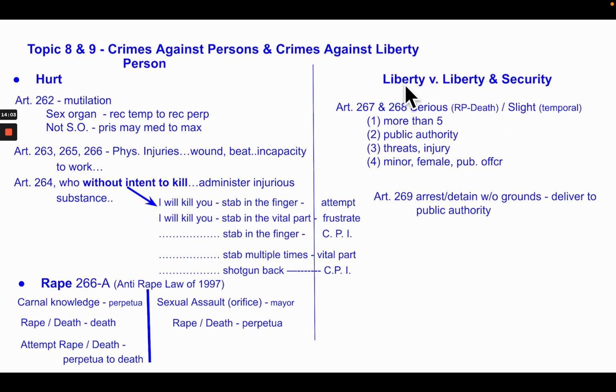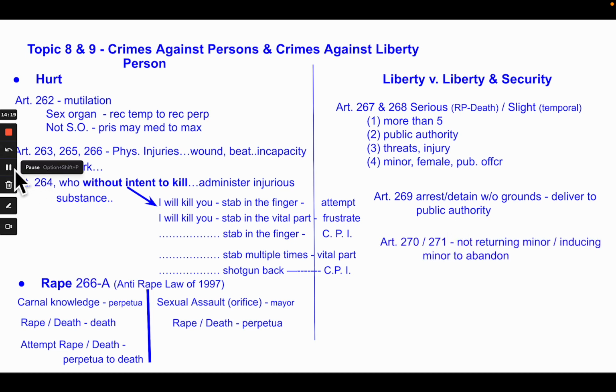All right. So talking about liberty, we talk about detention, arrest. If a private person arrests or detains another person without legal grounds with the purpose to deliver that person to public authority, that is a crime. All right. In Article 269, it's called unlawful arrest.